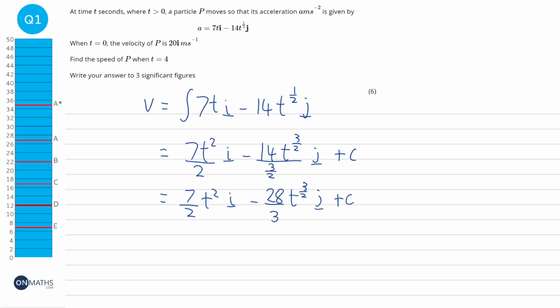So if we look at the question, it says that when t is 0, the velocity is 20i. So that's basically telling us that when all of this isn't there, this is 20i. So we can just put that on the end there. So 7 over 2 t squared i, 28 over 3 t to the power of 3 over 2 for the j, and then the c part is just going to be plus 20i.